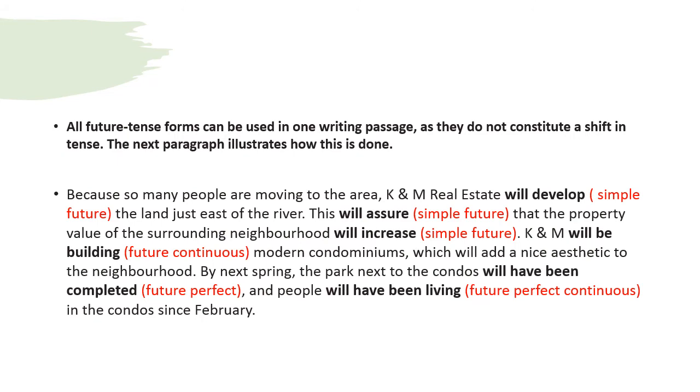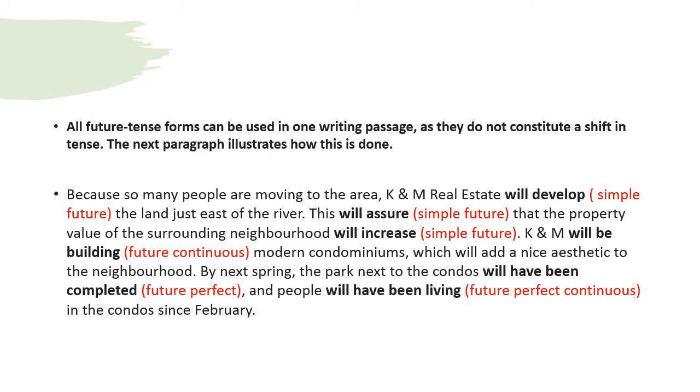Just like the two previous cases, all future tense forms can be used in just one writing passage, so that they do not constitute a shift in the tense. Look at this paragraph to see how it is done. Because so many people are moving to the area, K&M Real Estate will develop the land just east of the river.